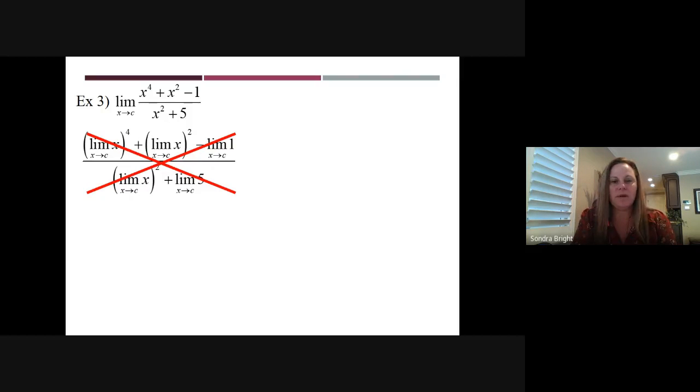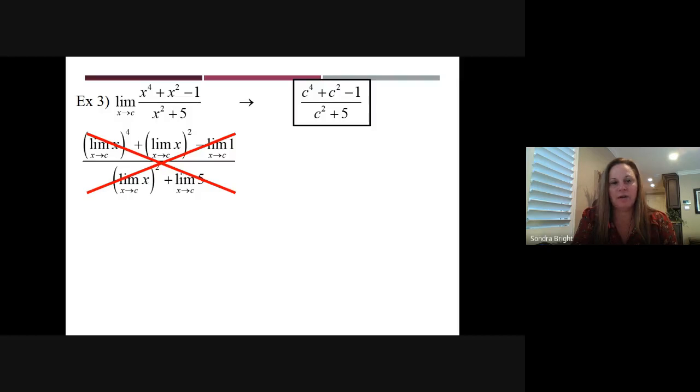We don't want to do that. It turns out what we can do, as long as we're not getting a 0 over 0, is just plug c in. We plug c into x, and we would get c to the 4th plus c squared minus 1, all over c squared plus 5, and you're done. That's the limit of this function as x approaches c.